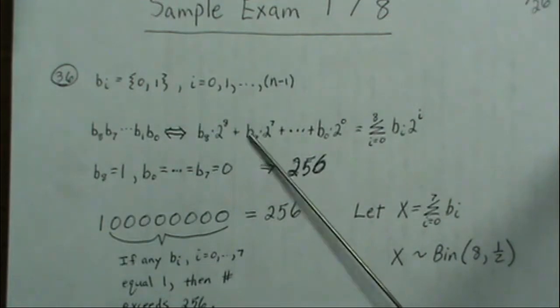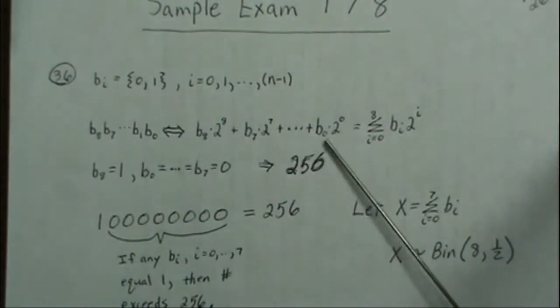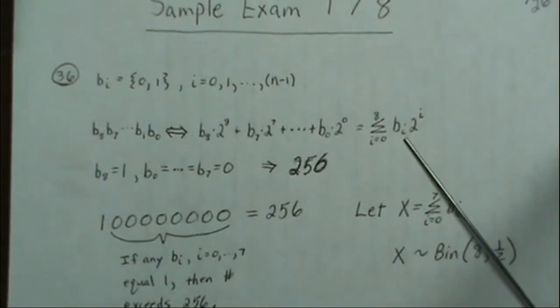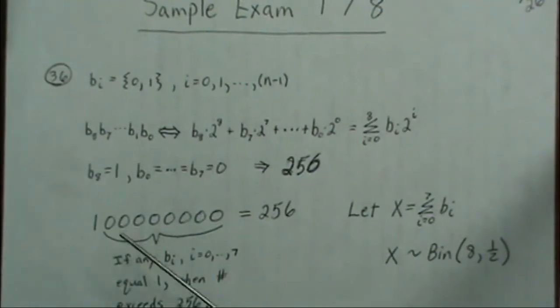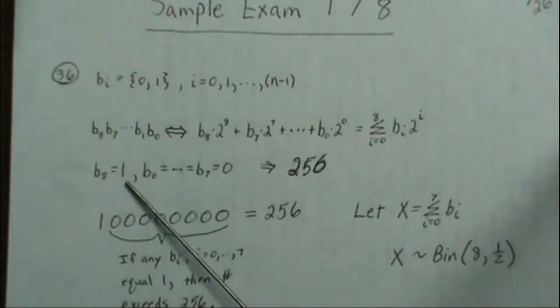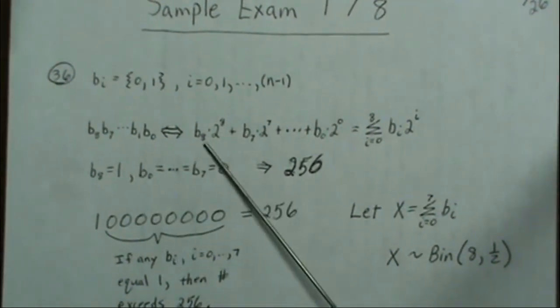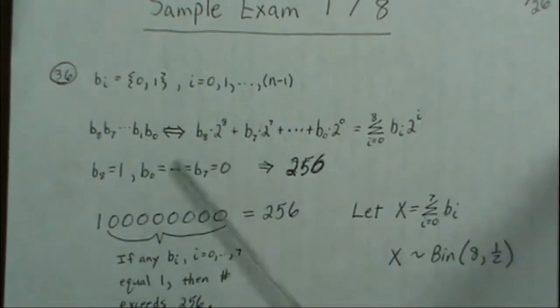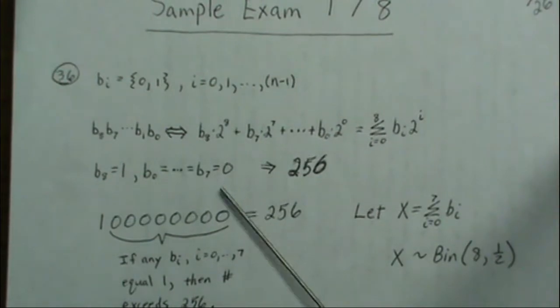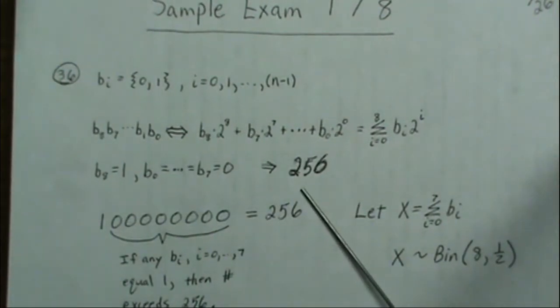This is either 0 or 1 times 2 to the 7th. And you add those up. And anyway, that's the binary representation of this. Well, here, to get 256, this last coefficient, b8, has to be 1. And then the rest have to be 0 to be 256.